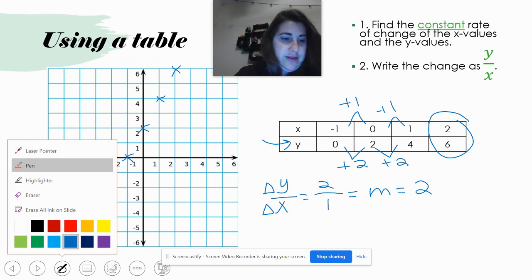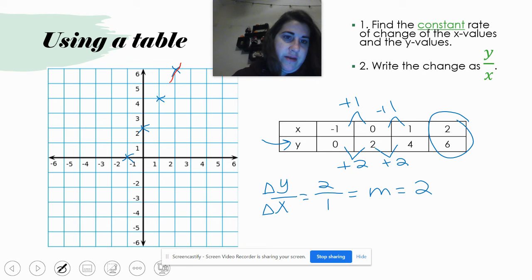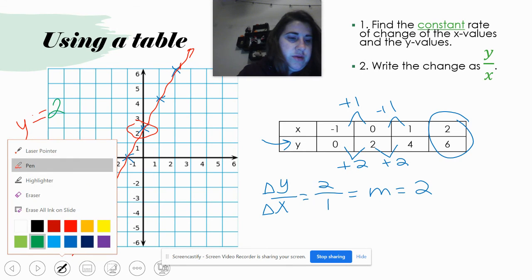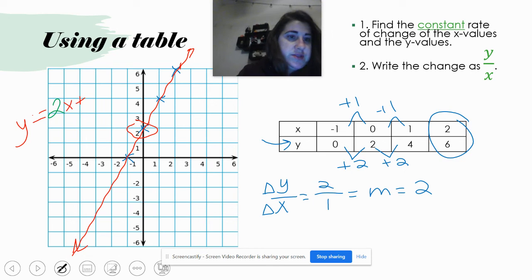So that's what my line looks like right there. And notice, we already did this one, this is my line here. Notice how it's going through 2. So my equation for this is y equals 2x plus 2. And we found that 2 right here.